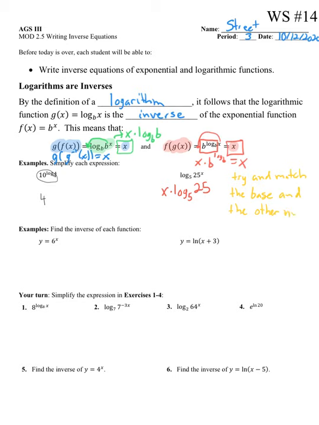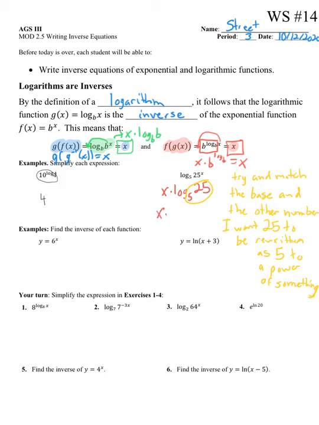That's kind of a weird way to say it, but I want the 5 and the 25 to be the same number. Since the base is 5, I can't change the base, so I want 25 to be rewritten as 5 to a power of something. And that's going to help me simplify this a little more.